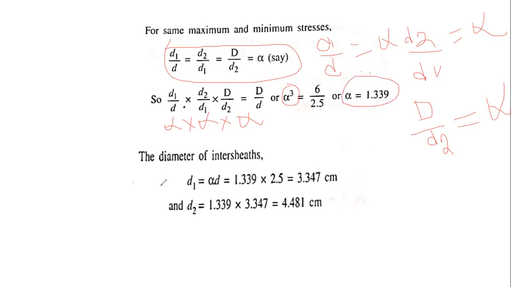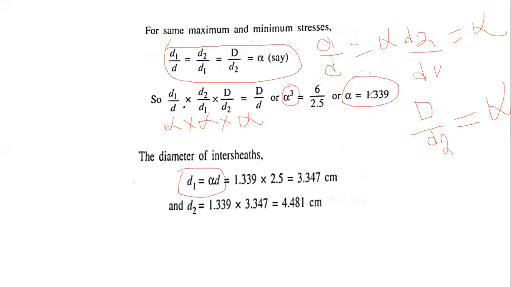Next, the formulas for the diameters. Conductor diameter is small d, intersheath diameter for the first layer is small d1, for the second layer is small d2, and the overall diameter is capital D. We calculate small d1, which is equal to alpha into d.